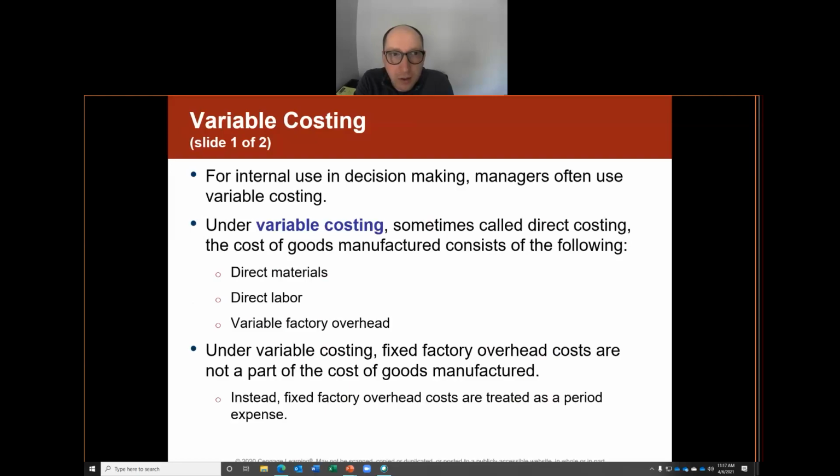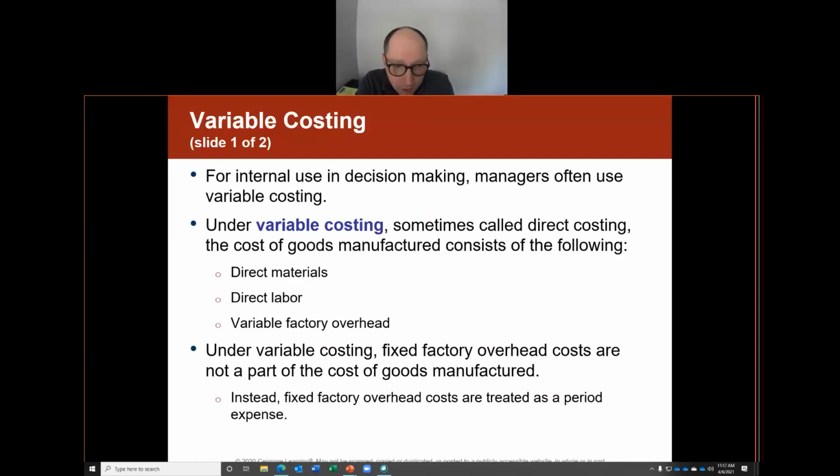As we look at variable costs, we separate them out from our fixed costs. And the reason why we do this is because of decision making. We oftentimes, as managers, need to make decisions to control our costs, our expenses.